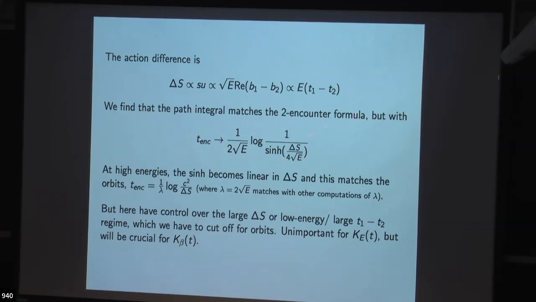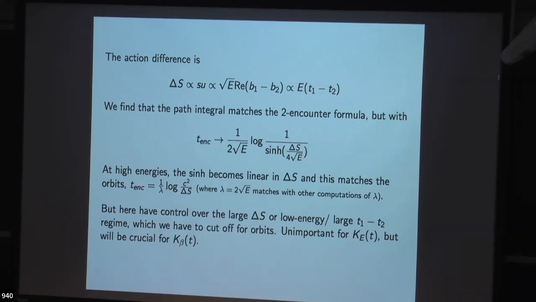For small delta S, that means T1 near T2, that's the region where the encounter approximation is ordinarily treated. This sinh can be linearized, and we get the formula we had before for T encounter for orbits. But now we have some control over the large delta S or large period difference regime. So that's where we have to cut off the encounter picture.